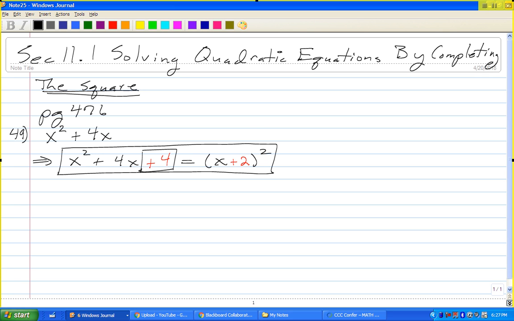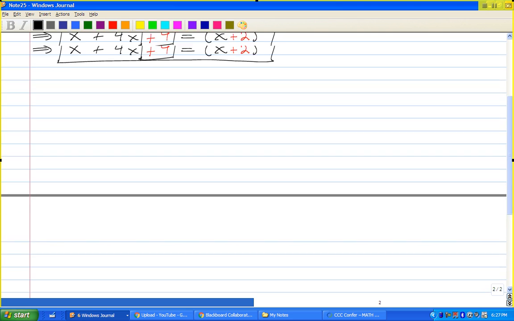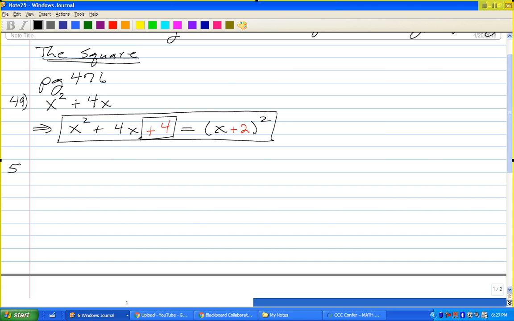Let me do problem number 51. y squared plus 7y. Since there is a 1 in front of the y squared, I'll just take 7 divided by 2, squared, which is 49 over 4.